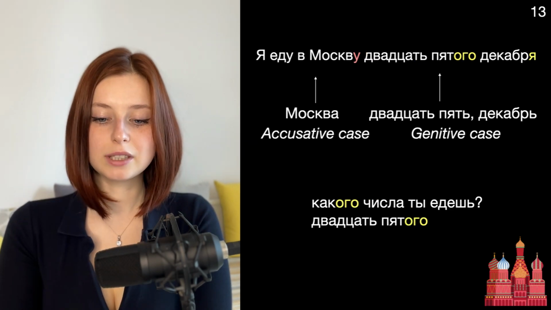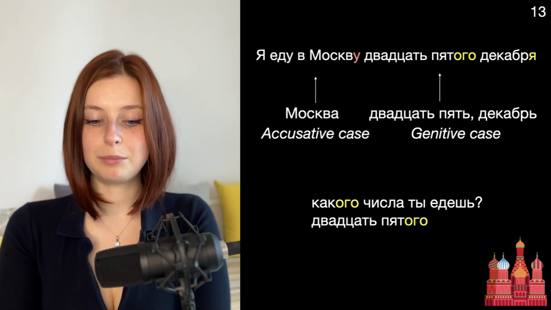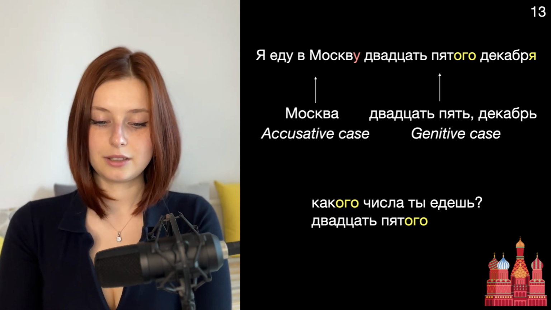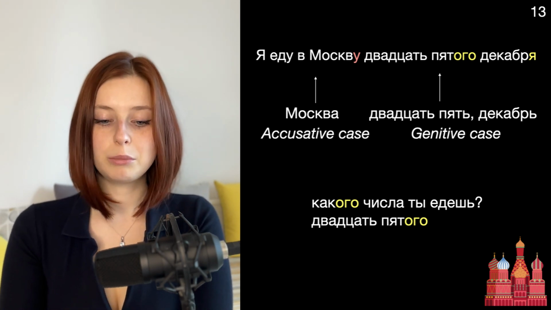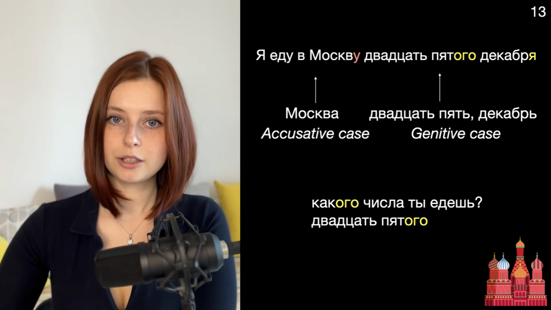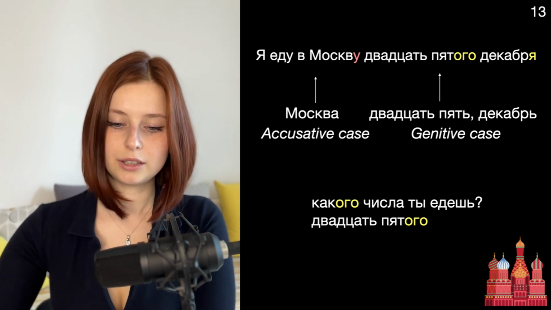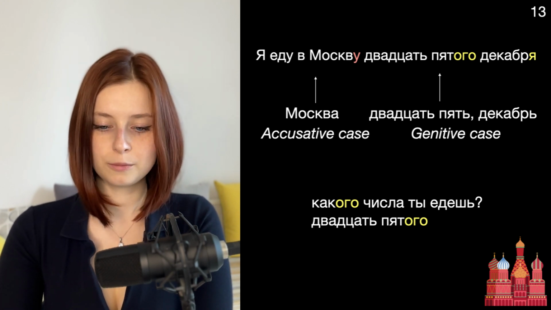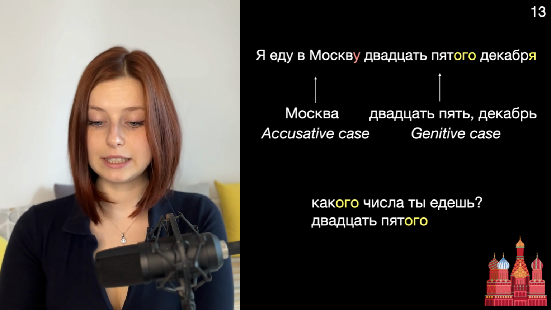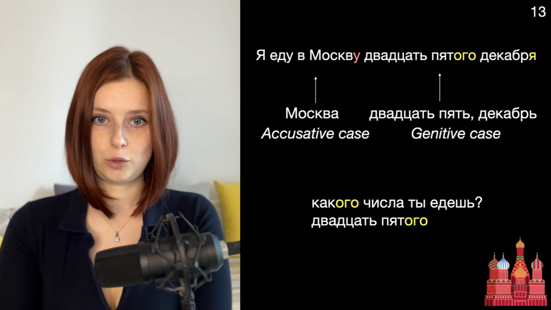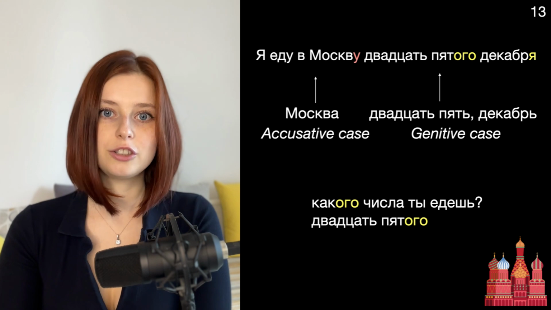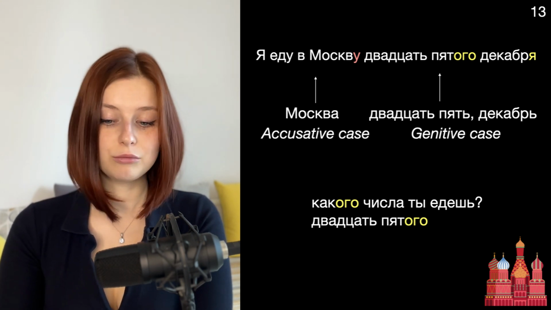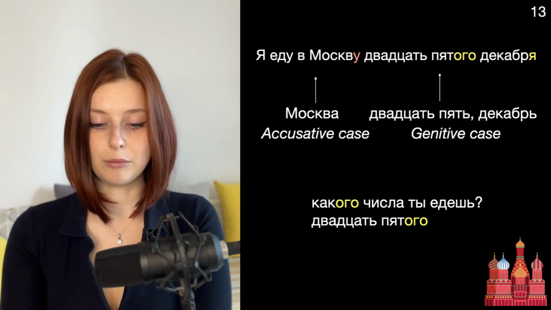Я еду в Москву 25 декабря. So the first part of the sentence, it's accusative because I am going to Moscow, right? So we change Москва to Москву. 25 декабря, on the 25th of December, it's in genitive case. The genitive case is commonly used in Russian when expressing dates with numbers.